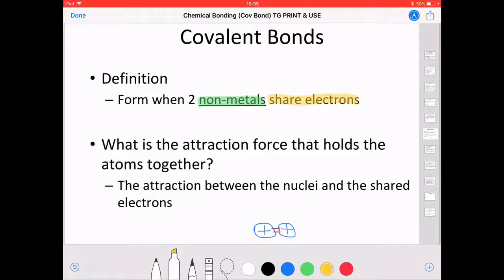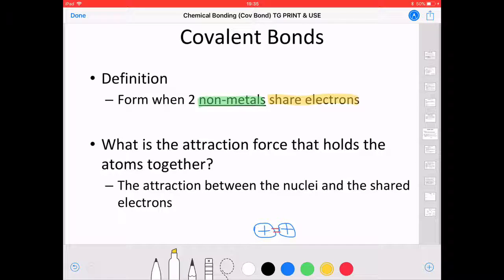The attraction force that's actually holding these atoms together is a little bit different than ionic bonds because we don't have differently charged or oppositely charged ions here. So now we have 2 neutral atoms and we have to figure out what keeps them together. If you look at the picture that I have down below, you can see the 2 atoms.